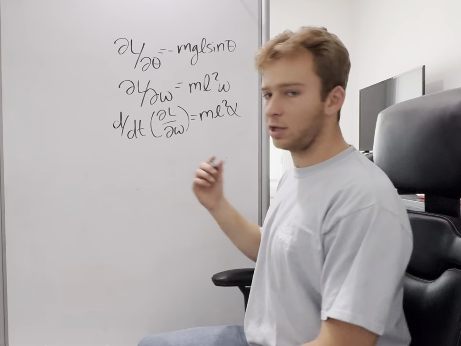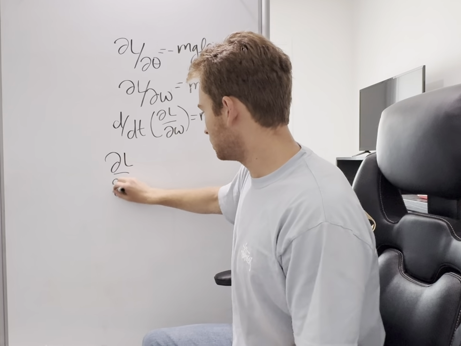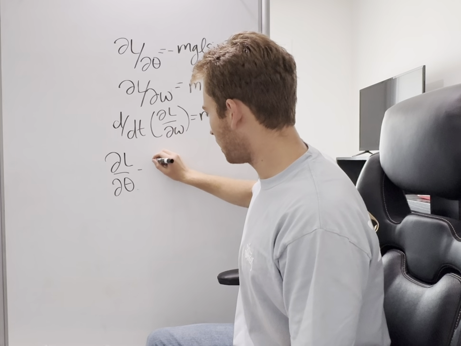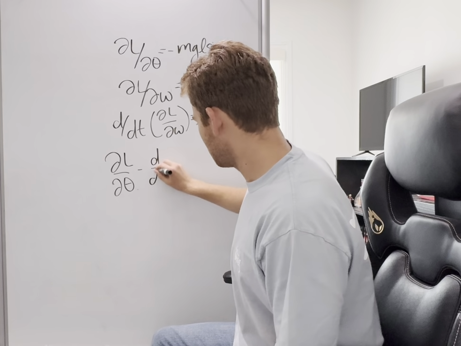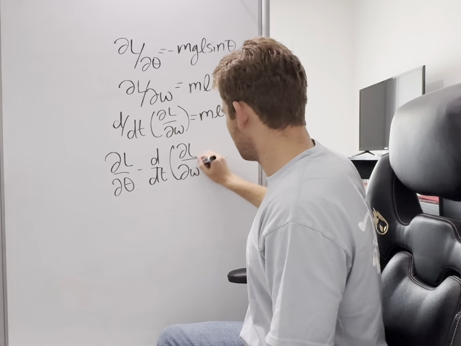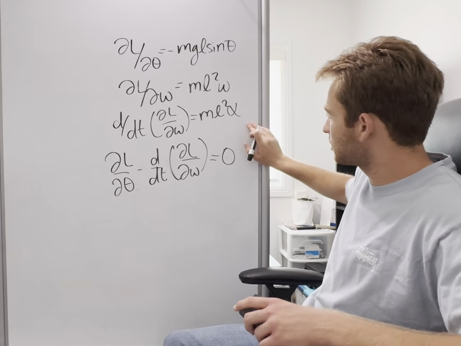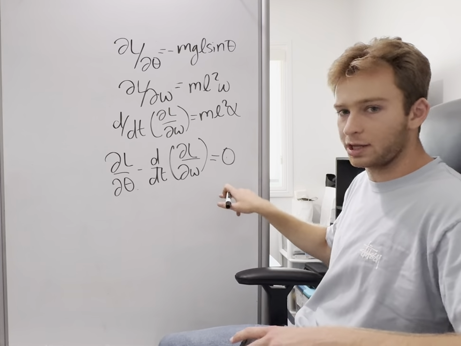And so now we can plug this back into the Euler-Lagrange equation, which, if you recall, is dL by d theta minus d by dt of dL by d omega is equal to 0. And now we have our values, specifically this and this, we're going to plug in.